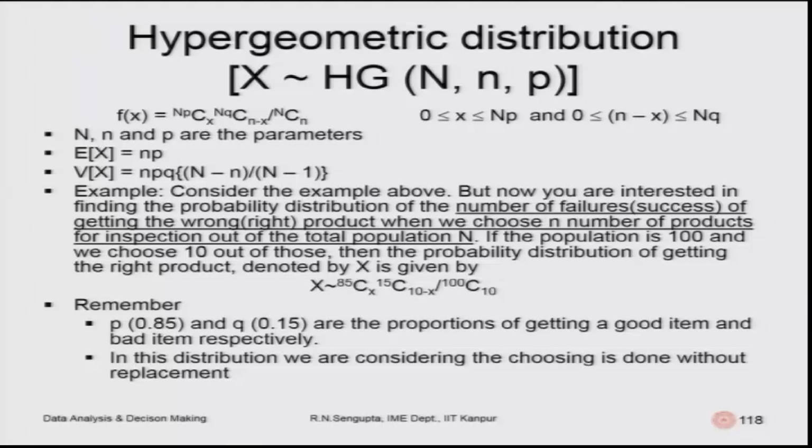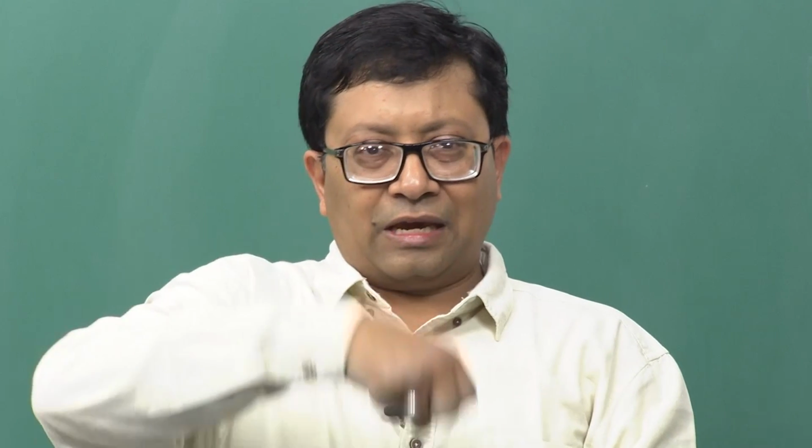Similarly, the value for the bad items would be between 0 and N into (1 minus p), or N into q. Now, if x is the random variable denoting the good items, the realized value for the bad items would be small n minus x, because from the whole lot of capital N you are picking up a small n, trying to find out in that small n how many are good and how many are bad.